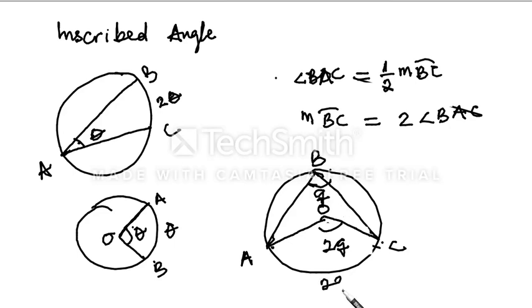So if we've gotten Q here, this place will be twice Q.